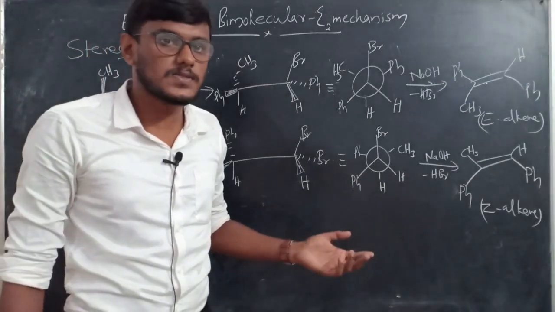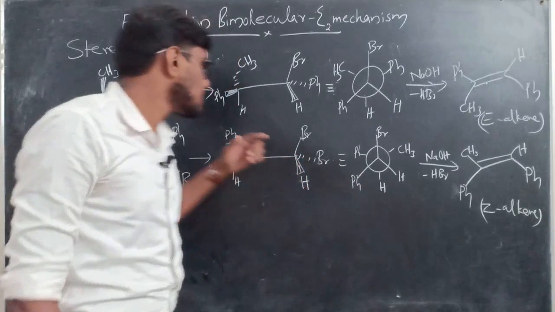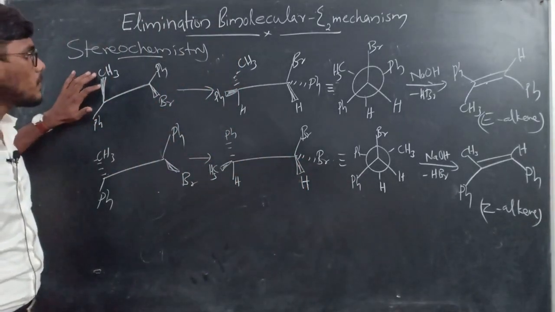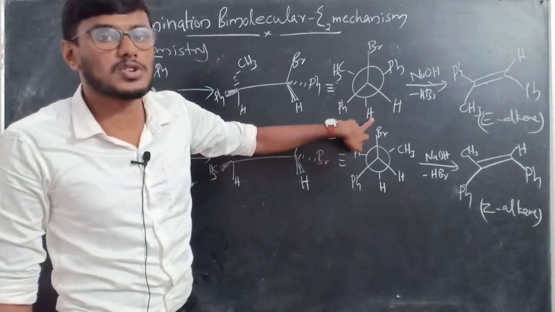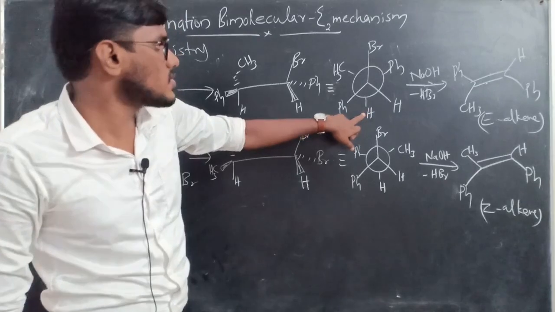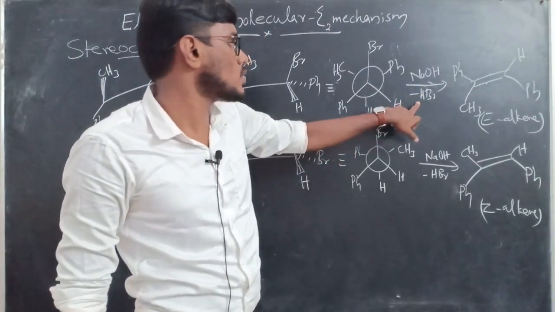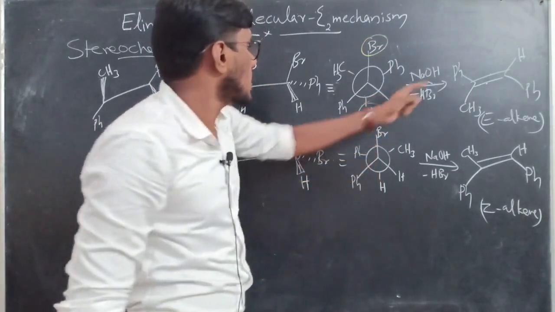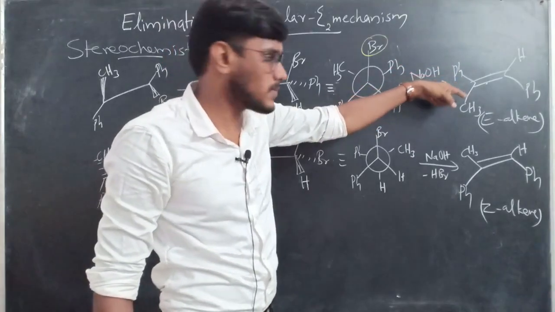So the stereospecificity of this reaction can be summarized like this. This is one of the diastereoisomers of this compound. We can redraw this compound like this, and the Newman projection of that compound is like this, which undergoes reaction with NaOH, or undergoes E2 elimination reaction. That means HBr eliminates and gives the E alkene as the product.